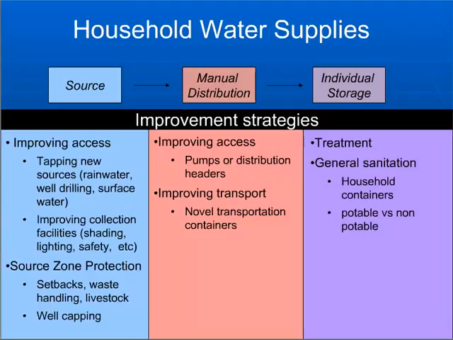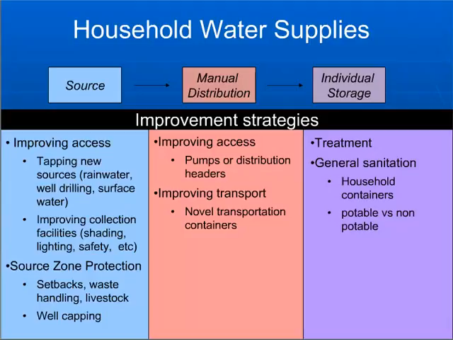Another big issue that a lot of water supply projects can benefit from is source zone protection, and so this might deal with creating setbacks around water sources, making sure that livestock or human activity is limited in the region where people are collecting their water.